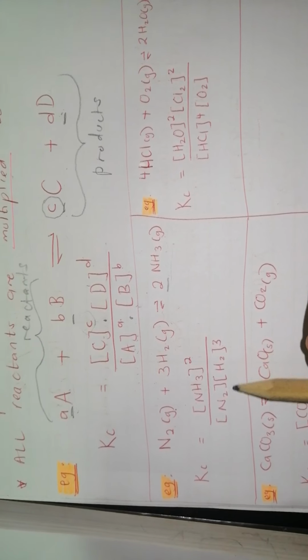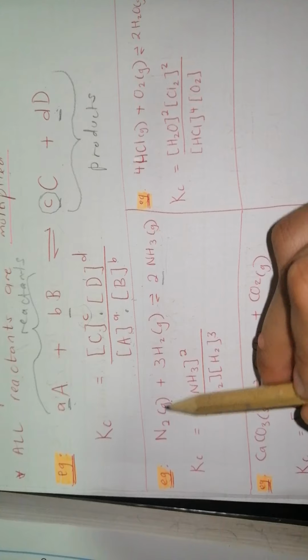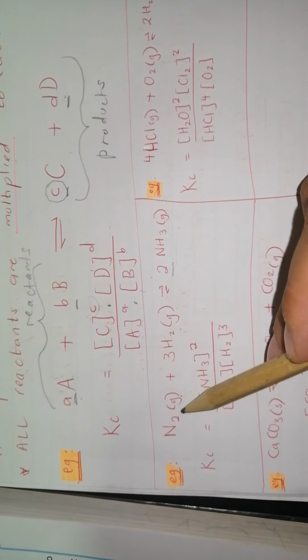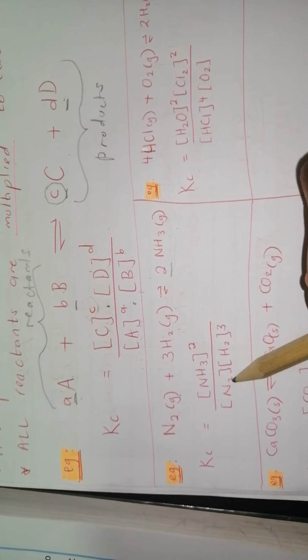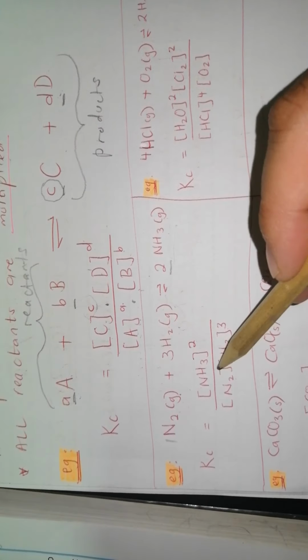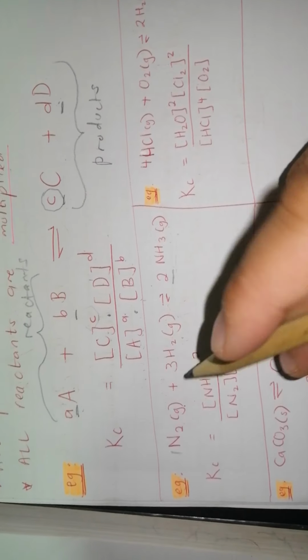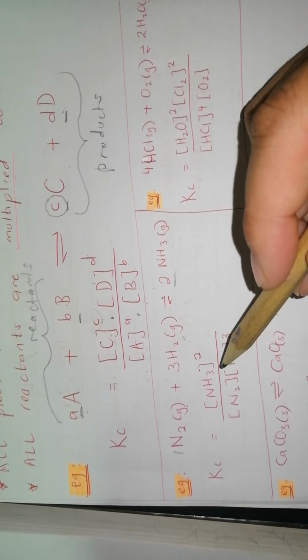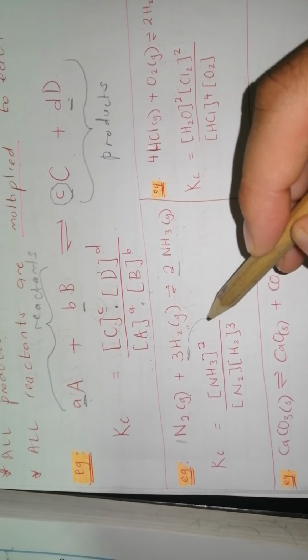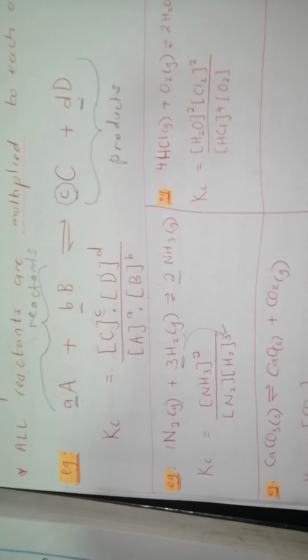Then you divide by the reactants, and we have two reactants, so you multiply them by each other. The first reactant is N2, so you write N2 in square brackets. The coefficient of N2 is 1, so obviously we don't need to write anything. Then you multiply by H2 in brackets, and the coefficient of 3 for H2 becomes the exponent of H2.